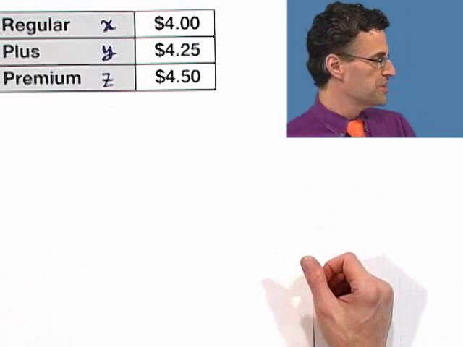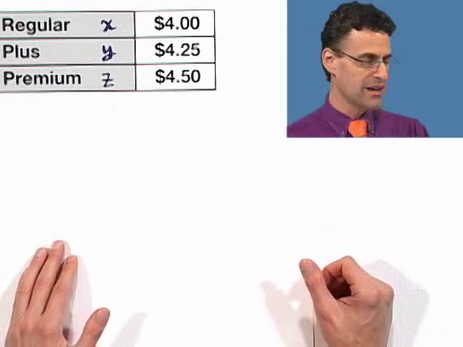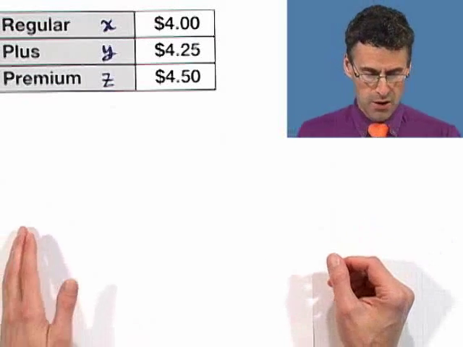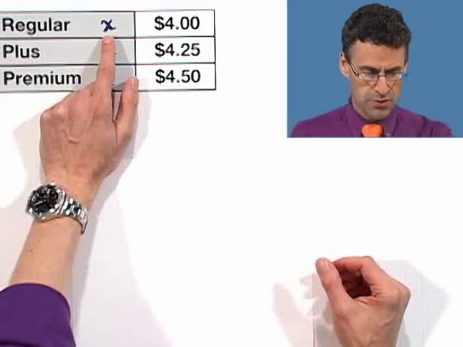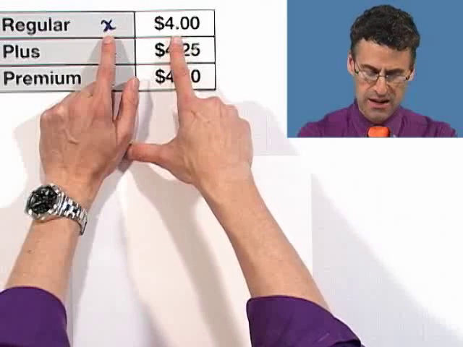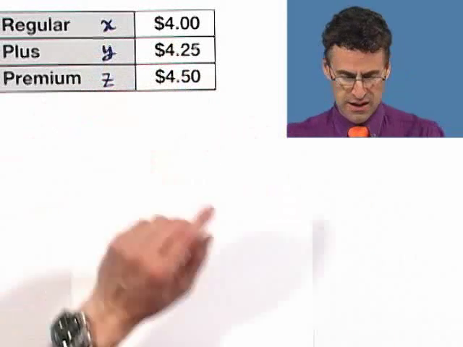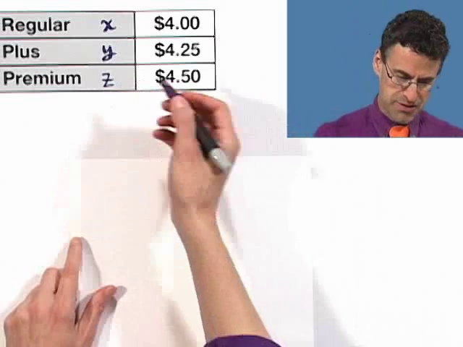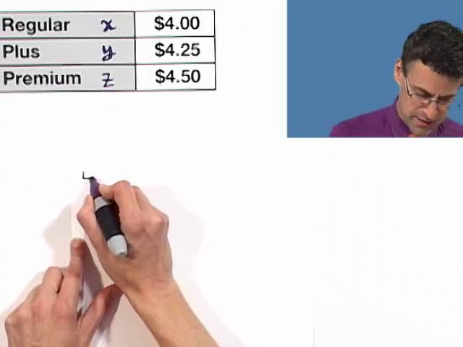The first thing we're told is that the total amount of revenue is $13,000. What does that mean? Well, if we sold X gallons of regular, each for $4 a gallon, how much revenue did that generate? It generated $4 times X, or 4X.